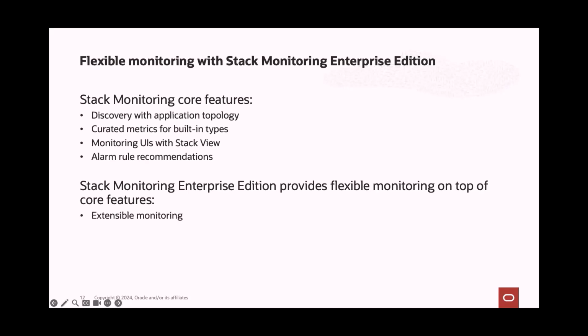And extensible monitoring: with the wide variety of applications and technology stacks, we know that ops teams, and I've been there, have requirements to monitor conditions specific to their environment. That extensible monitoring is about supporting the ability to add custom metrics and monitor anything outside of what's built in.